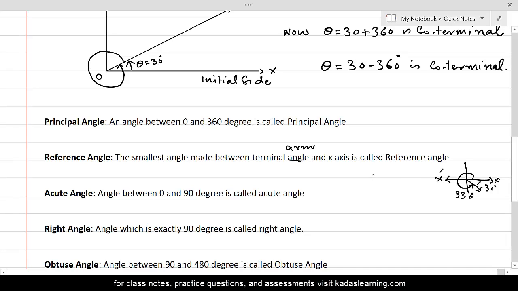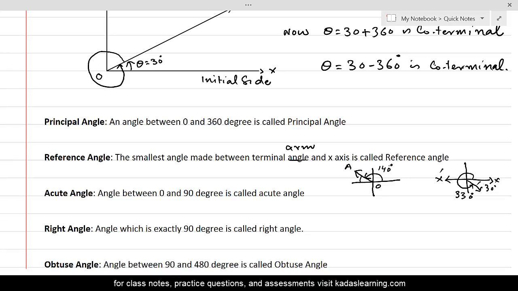Similarly, let's take another example here. If this is the y-axis, this is the x-axis, and we have an angle here, let it be the principal angle, then this side OA is closer to the negative x-axis. Let's say that this angle is 140 degrees. 140 degrees is the principal angle for the terminal ray OA. Then what would be the reference angle?